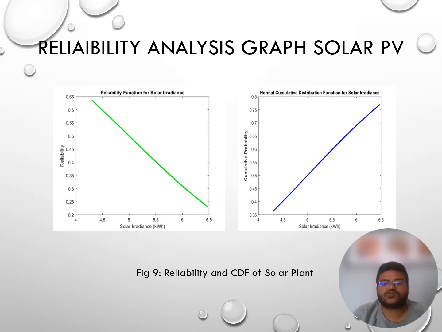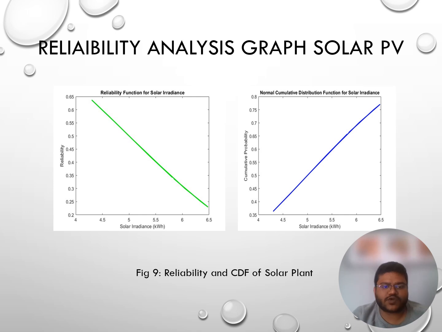So this also matches with our reliability parameters: high irradiance does not necessarily mean that the solar PV is reliable. With low irradiance it is showing a high reliability, which is 0.64.